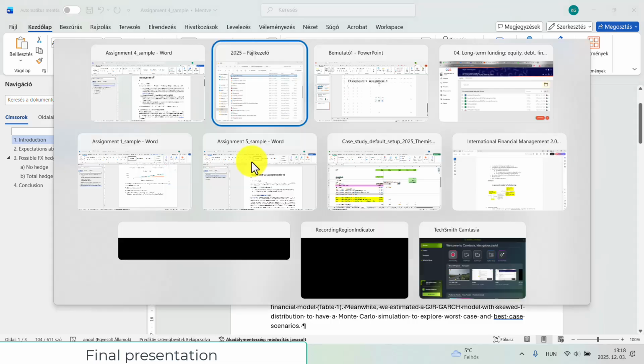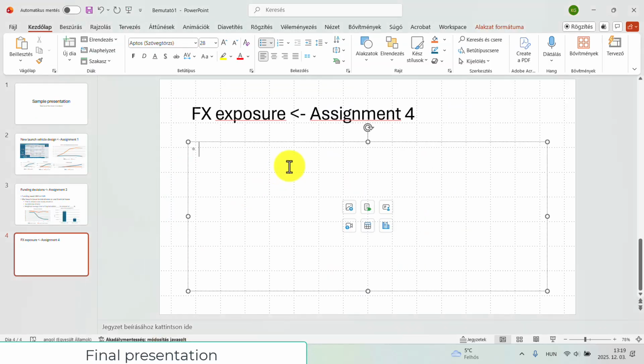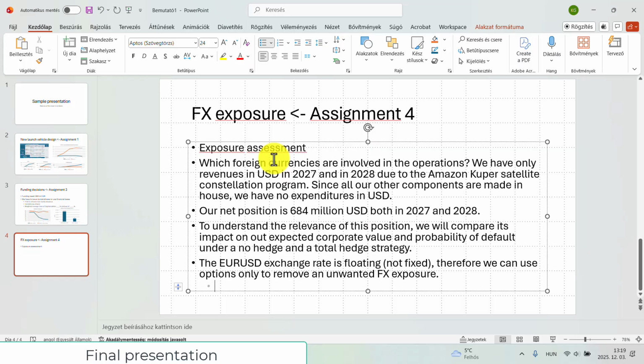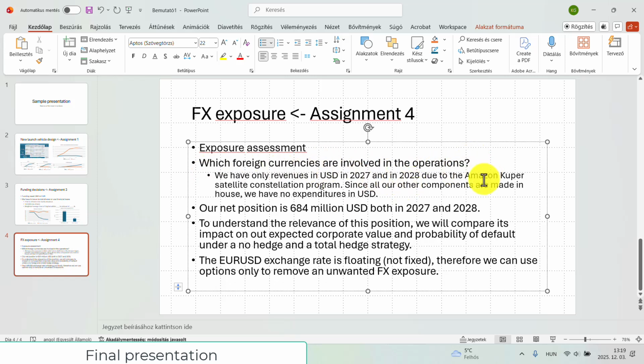Basically, we can copy and paste this one here. Which currencies are involved? Yeah, because of this, the net position is that.